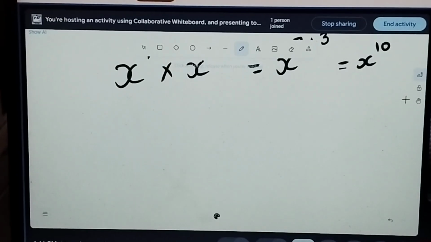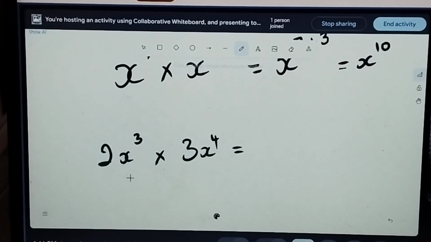And then if there are numbers in front, we always work with the coefficients separately. So let's say you had 2x^3 times 3x^4. Your coefficients still work like a normal multiplication. The 2 and the 3, you'd still multiply together, so 2 times 3 is 6, and your x to the 3 plus 4.